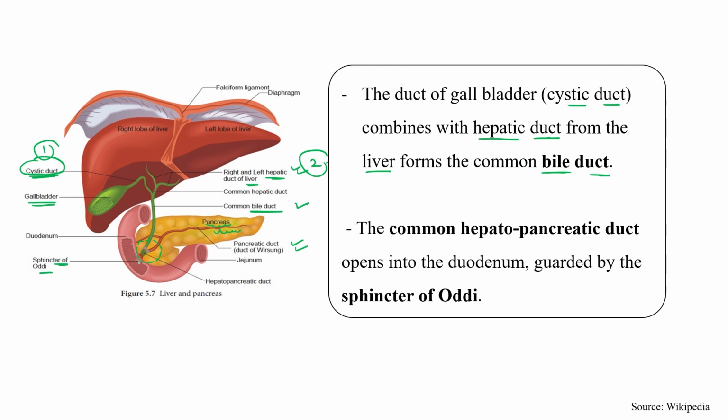At that time we use the term hepatopancreatic duct, because it contains both types of juices, hepatic juice as well as pancreatic juice. It is fused near the duodenum, near the sphincter of Oddi.